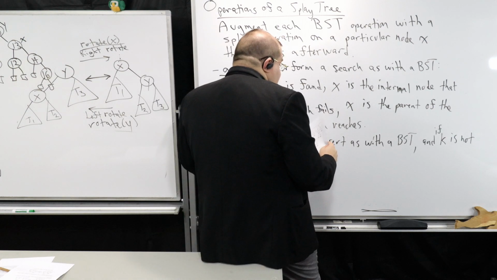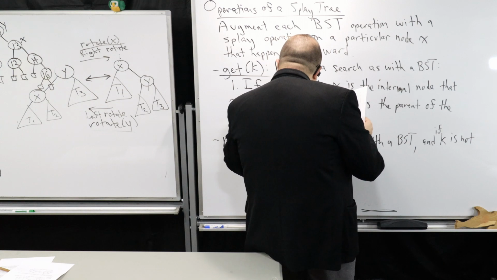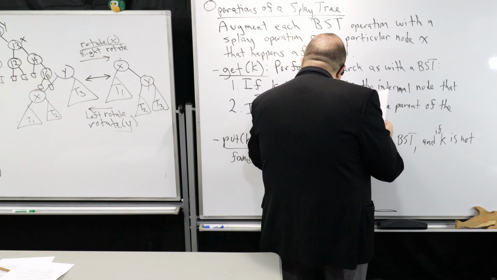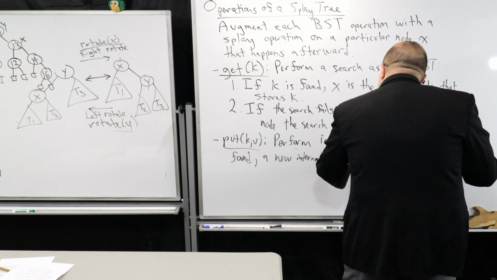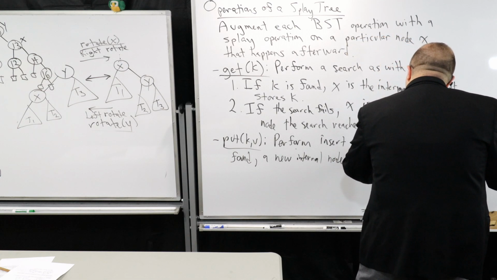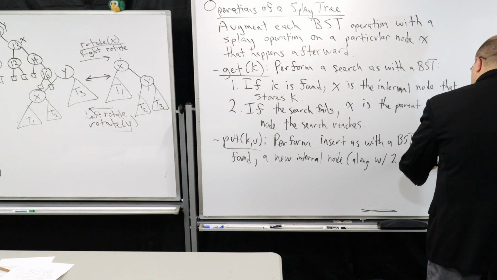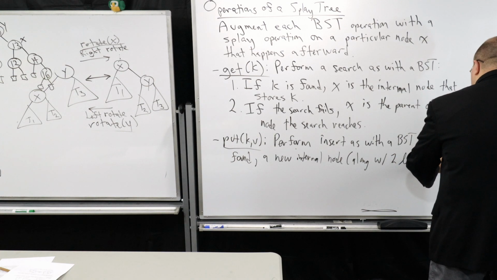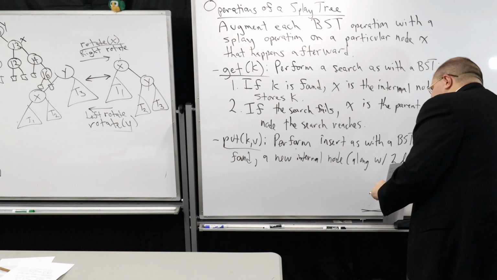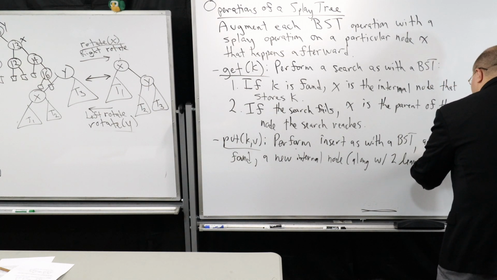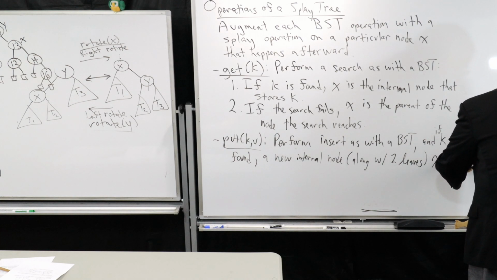If K is not found, a new internal node along with two leaves, I'll call it X. So new internal node X is created.